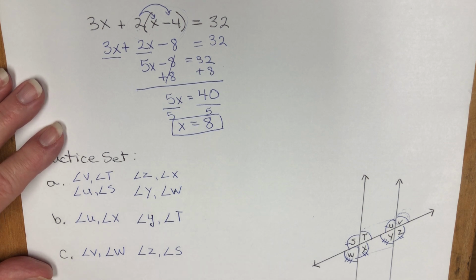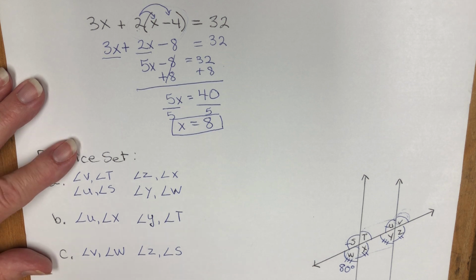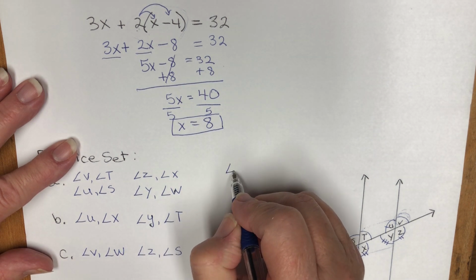Now they're going to give us a problem to solve for D. If the measure of angle W is 80, so here's my angle W, I've got 80 degrees. What is each of the measures of the other angles? Okay, so I'm going to list these.